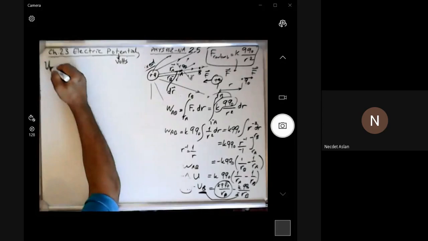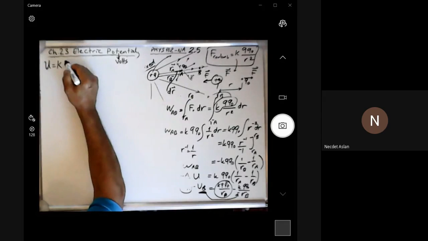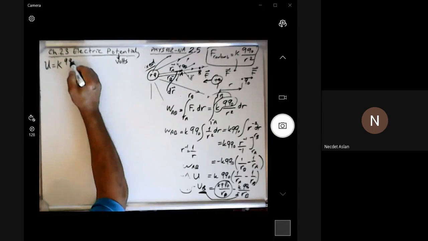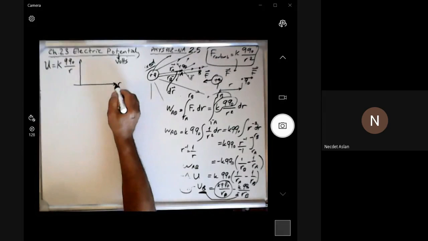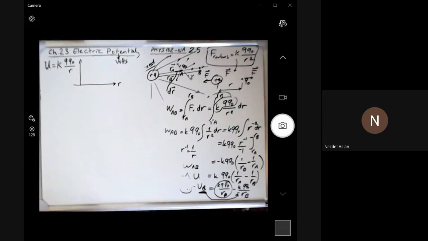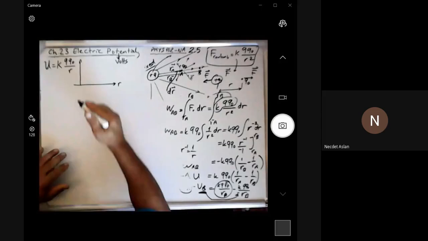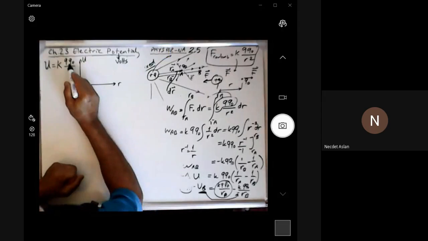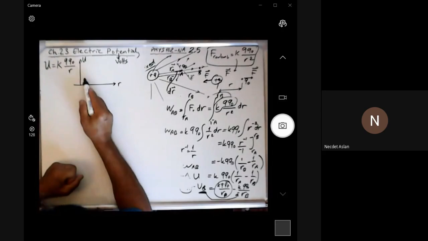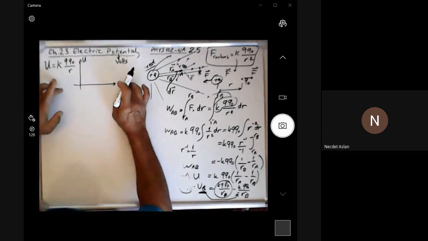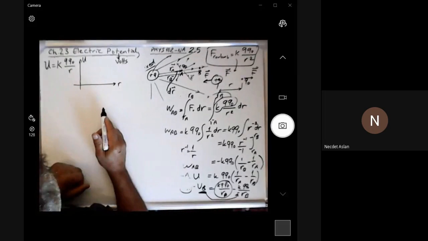Don't forget, the potential energy between the two charges is K Q Q0 divided by R. Now let's graph this as a function of R. These two charges can be positive or negative, as you see. If both of them are positive or both are negative, U is positive, above the radial axis.